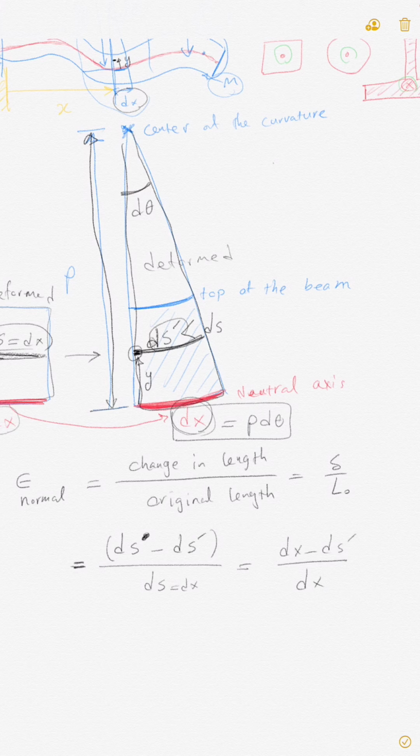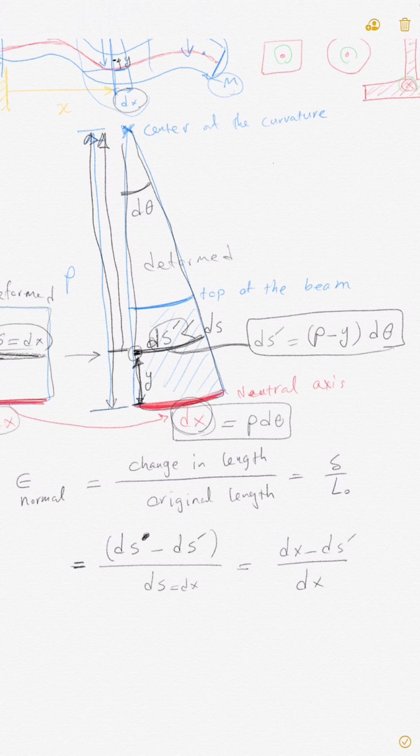What about ds prime right here? What about the length of this arc? ds prime is equal to from here to here, whatever it is. So what is that? That is equal to rho minus y. If y is from here to here, then that's the entire rho minus y times d theta. This is my other equation.